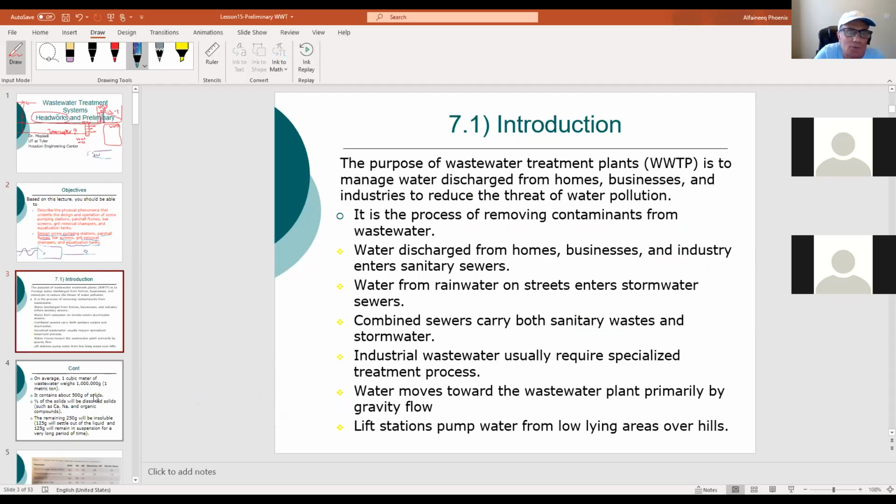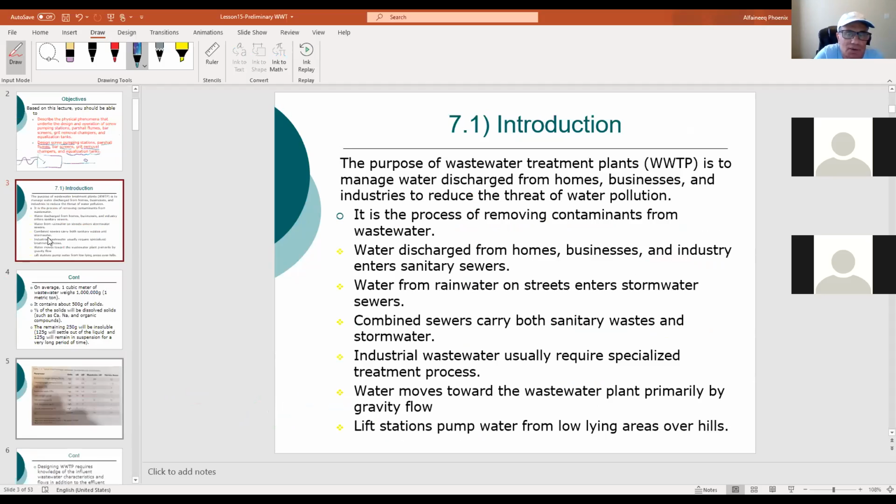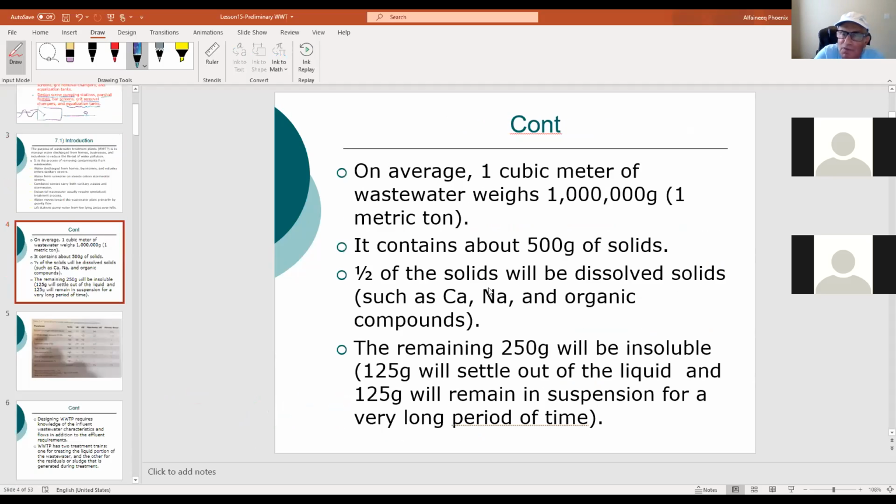Okay, we are familiar with this, why we need a wastewater collection system. This is a good idea. You understand what's going on here. What do you mean by wastewater treatment? What do you mean by sewage? Wastewater, what is wastewater? Wastewater is like water, right?